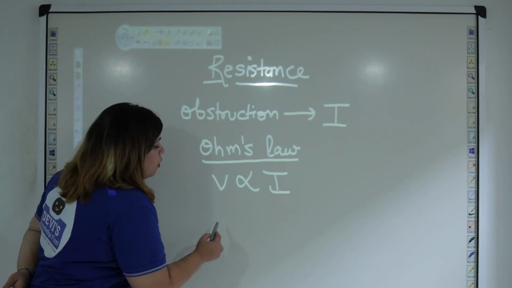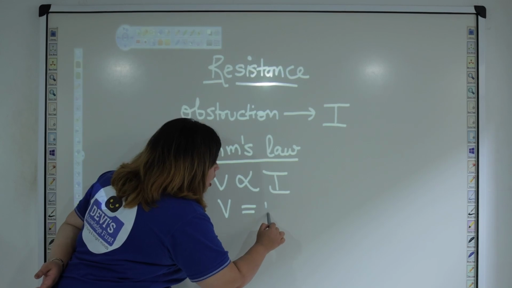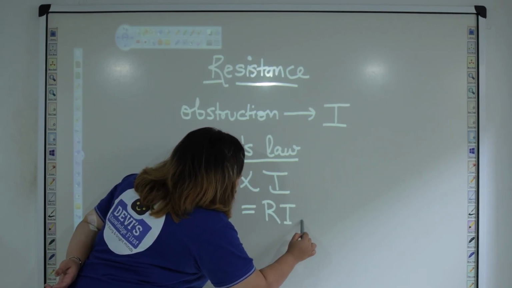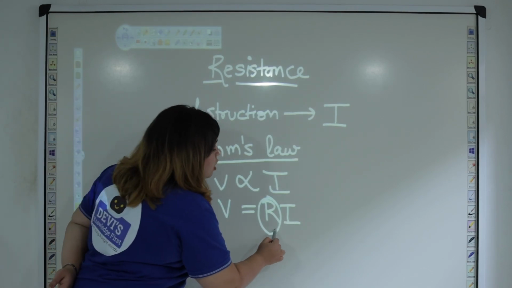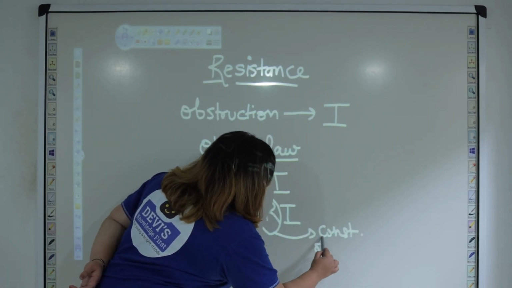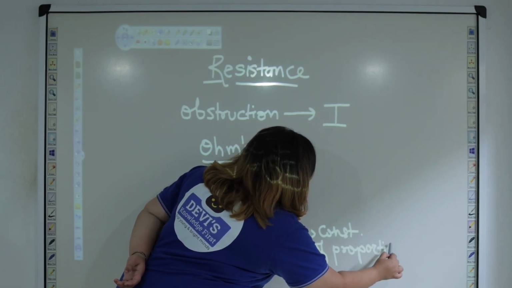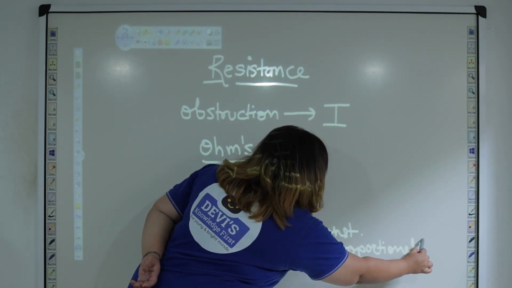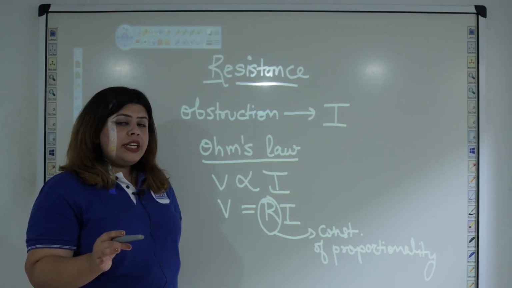So when I put this into a formula, I can say V is equal to R I. Now what is this R, where is it coming from? This R is the constant of proportionality here. What does a constant of proportionality mean anywhere in physics?